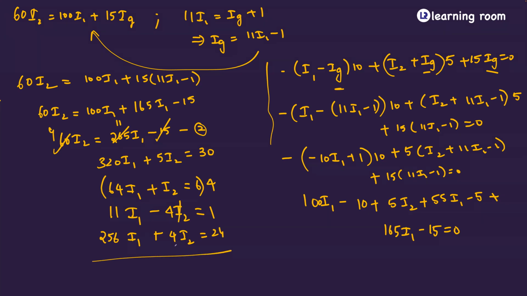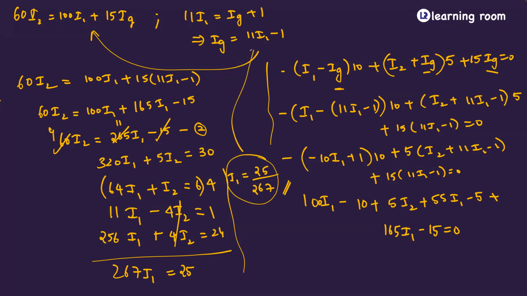Right? So add them. 256 plus this is 267. So 267 I1 is equal to 25. So I1 is equal to 25 divided by 267. Now take this value and substitute it here. That will give you the value of Ig.